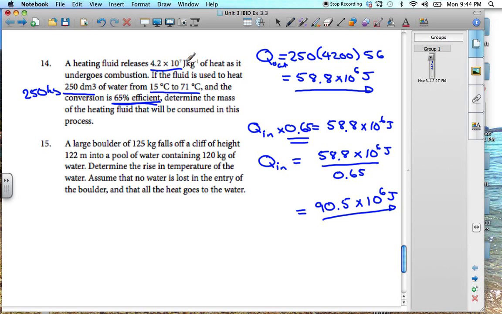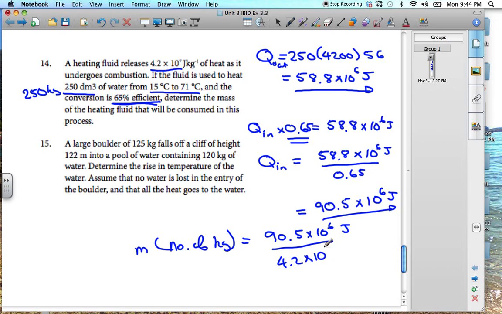Now, for every kilogram, the number of kilograms that we're wanting to use, the mass, another easier way would obviously be to just say mass would equal this 90.5 times 10 to the 6 joules divided by this 4.2 times 10 to the 7 joules per kilogram.